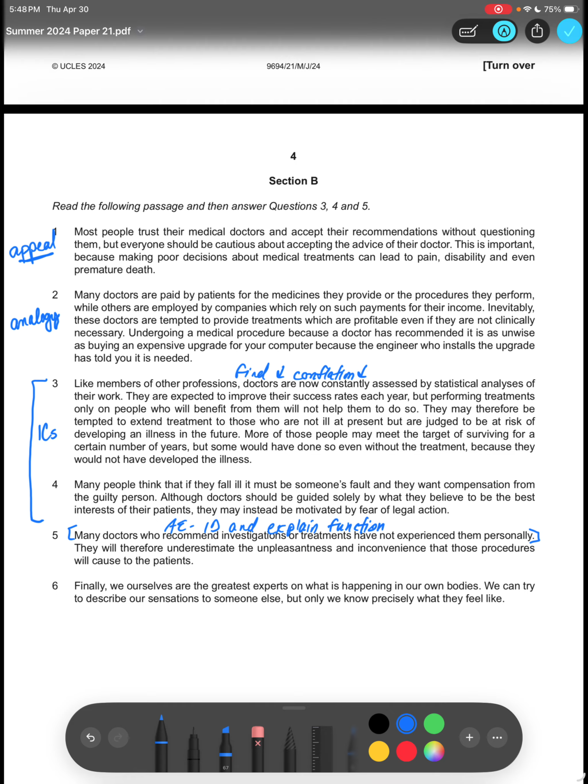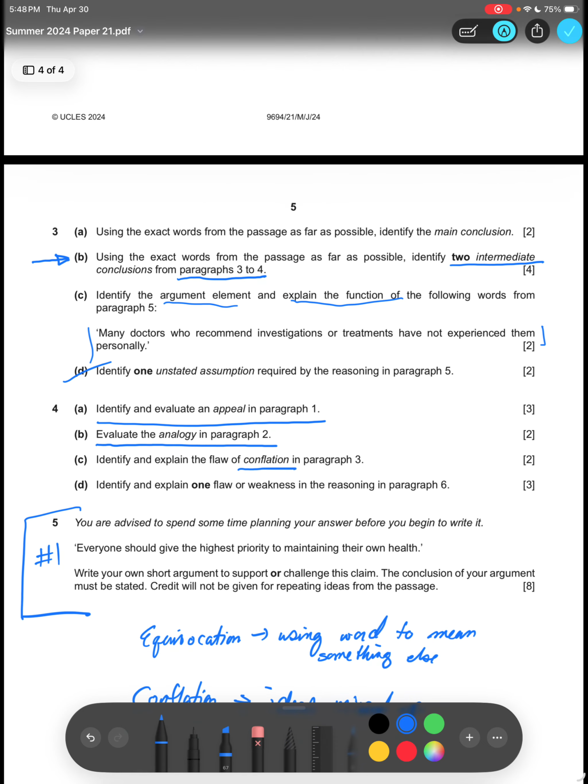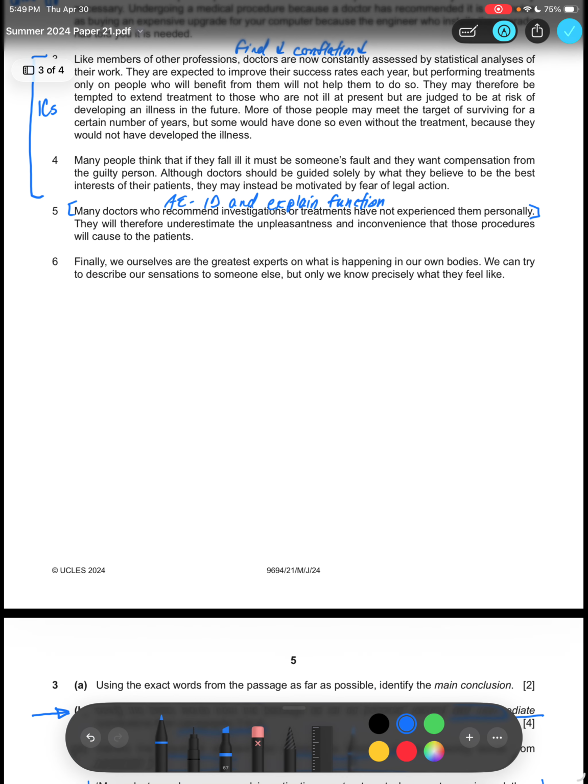So, anyway, that's not a perfect way to write that. Okay, and then 4D, one flaw or weakness in reasoning in paragraph 6. Okay, flaw or weakness in reasoning.